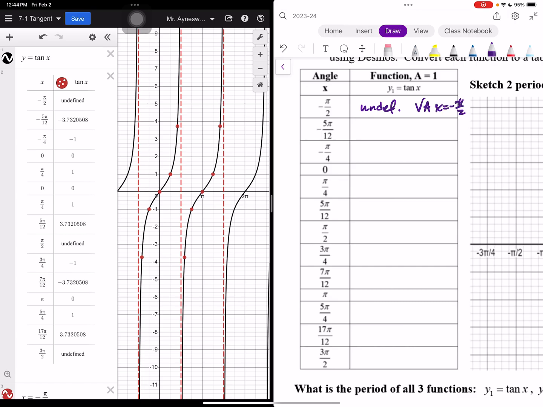At negative 5/12 pi, it's about negative 3.73. Just go ahead and jot down the values. Negative 1, 0, 1. Oh, I missed 0 in there. So, 0 gives you 0. Okay. Pi fourths 1.